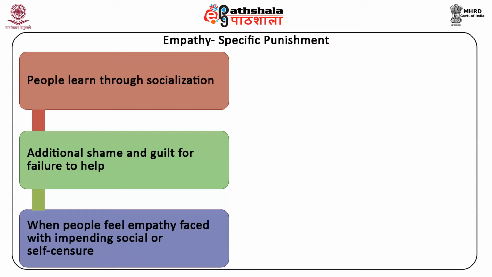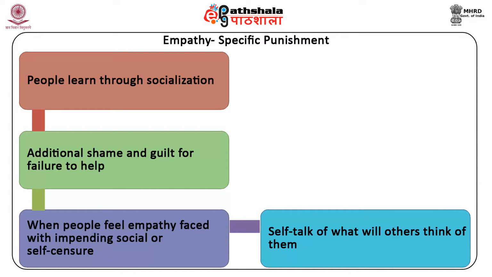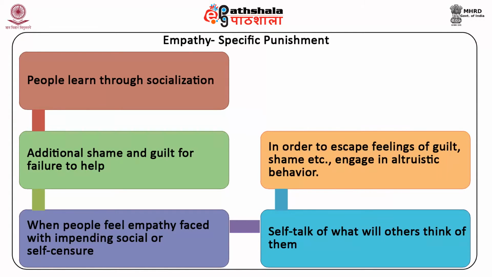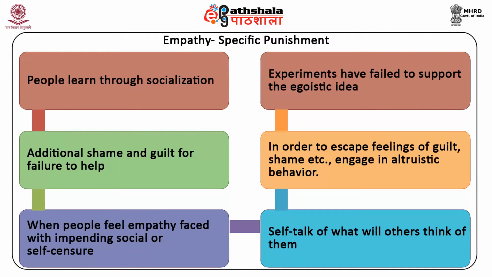When faced with emergency situations, they engage in self talk of what will others think of them if they do not engage in helping behavior, or what perceptions they will hold about themselves. So, in order to escape these feelings of guilt, shame, etc., they engage in altruistic behavior. But here again, experiments have failed to support the egoistic idea and have rather patterned on the empathy altruism hypothesis.